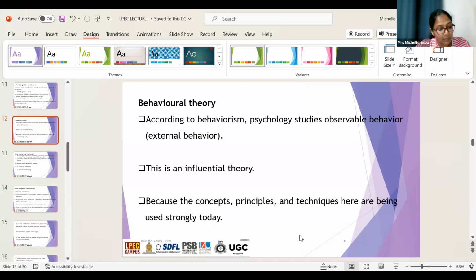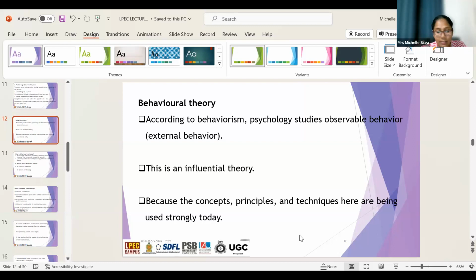In behavioral theory there are two important kinds of conditioning, operant conditioning and classical conditioning. But we are focusing only on operant conditioning. There are different scholars who initiated the development of this behavioral psychology theory, this behaviorism.